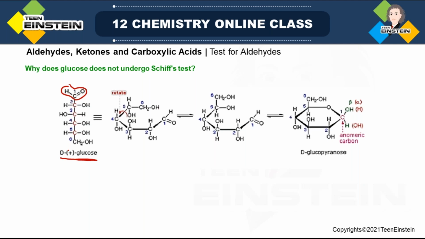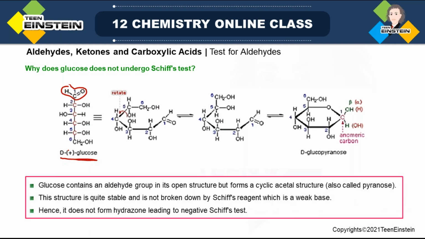Another point is that here we use basic condition. In basic condition, this type of ring opening and ring closing can happen. So whether this basic condition is weak or not, we have to consider.